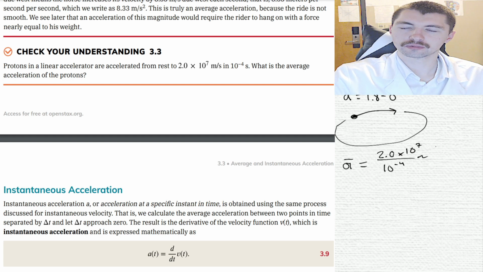Because 2 is less than 3, we're going to round it to 7. So we're going to get 10^11 meters per second squared.